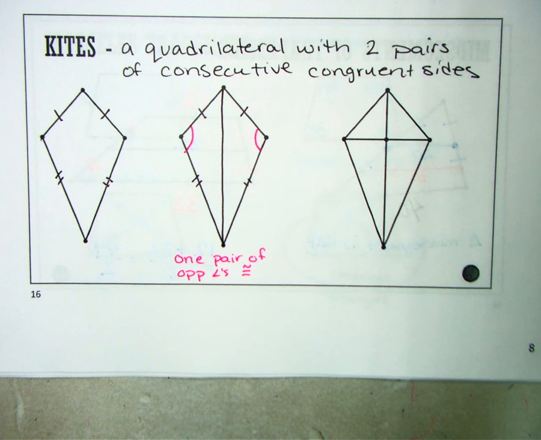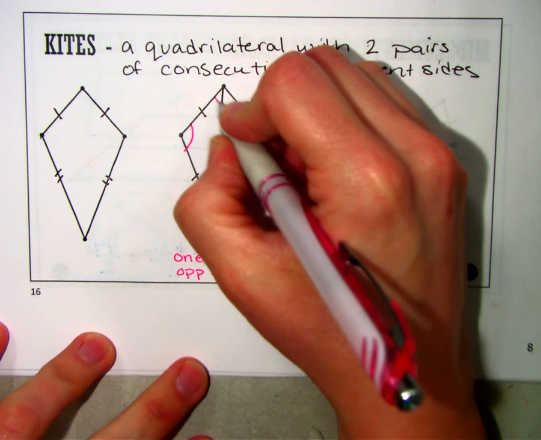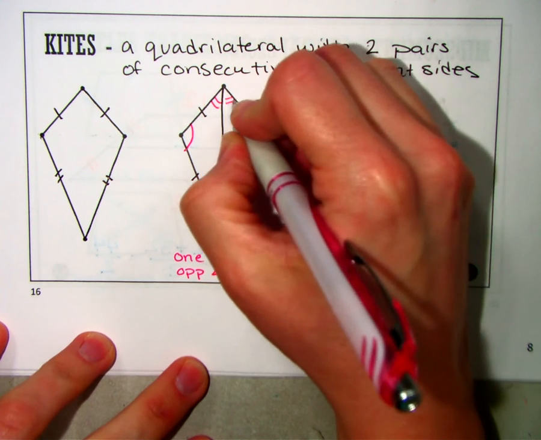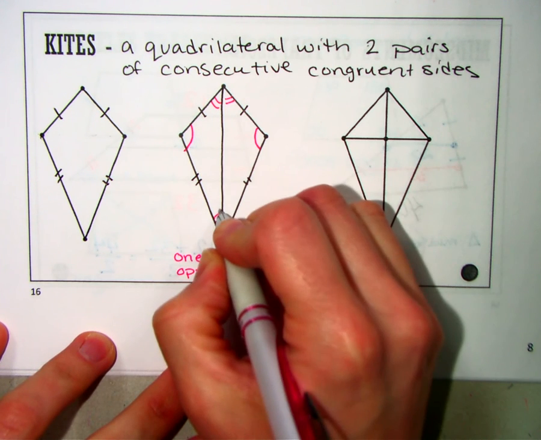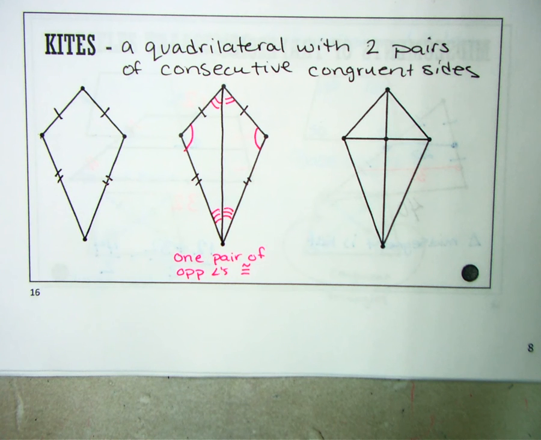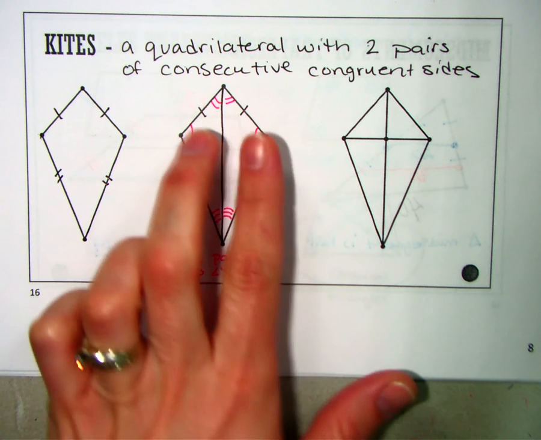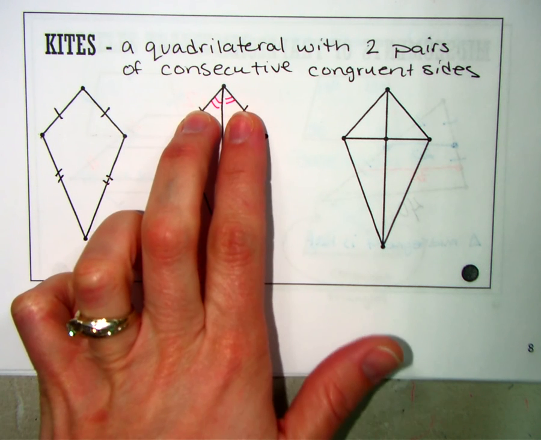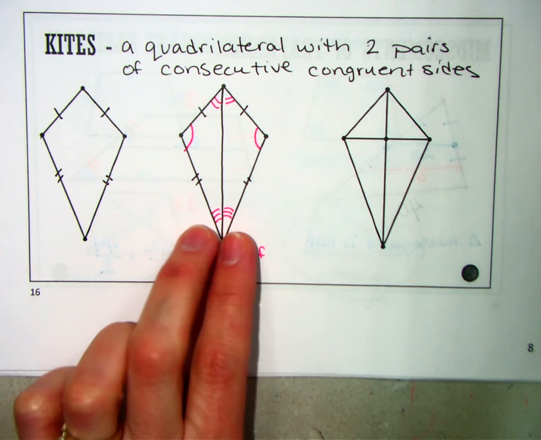Fun fact, not exactly as interesting or as necessary, but the fun fact of the day is that this long diagonal is also an angle bisector. Because I've just marked the other angles. And what it shows is these two are congruent up here, so I cut these two into congruent parts, and I cut these two into two equal parts.